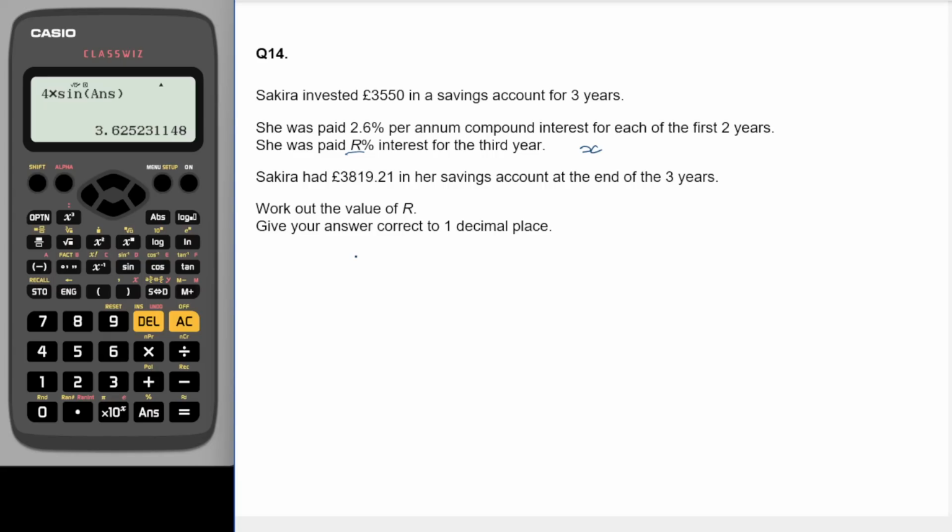So if we take the initial investment of £3,550 and we times it by compound interest for 2 years, that would be a multiplier of 1.026 squared for the 2 years, times by x, and that's got to be equal to £3,819.21.